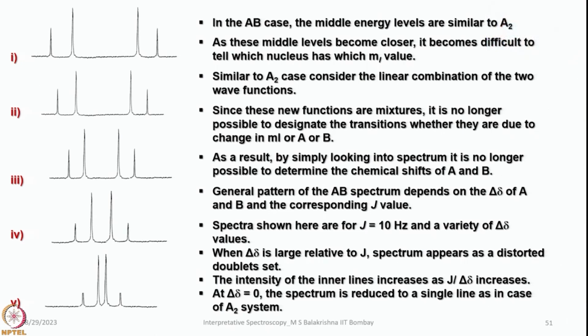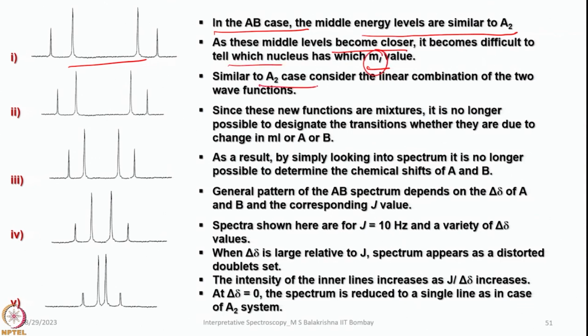I have given a series of spectra here. They typically represent the AB case. In the AB case, the middle energy levels are similar to A2 here. If you see here, they are A2. As these middle levels become closer, it becomes difficult to tell which nucleus has which Mi value, whether it has plus half or minus half.